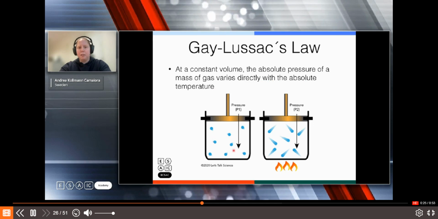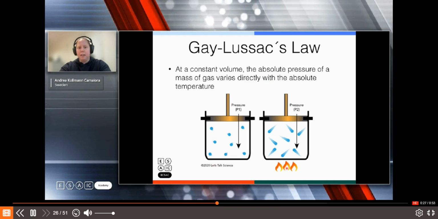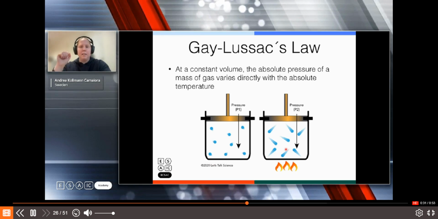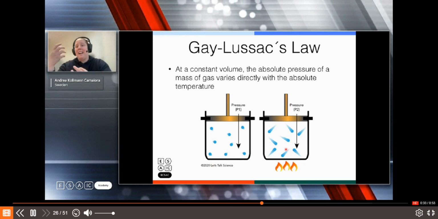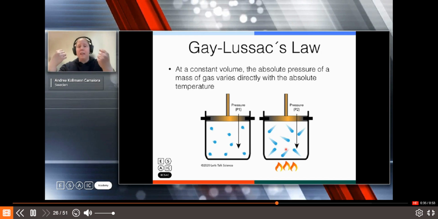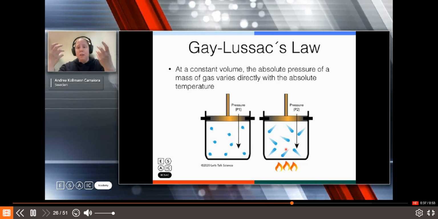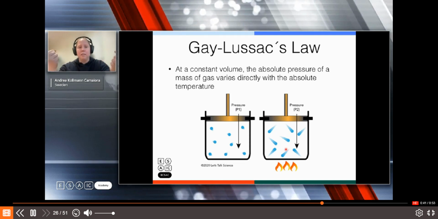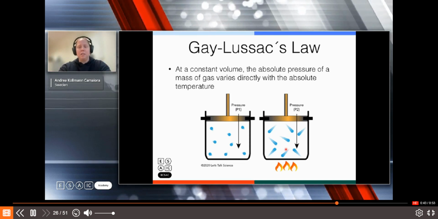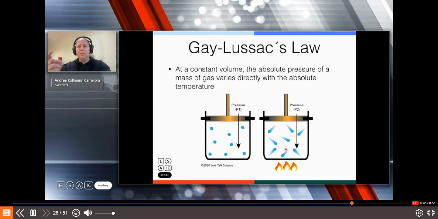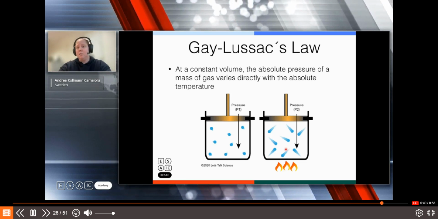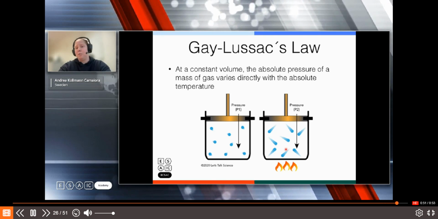So this is my pressure at X temperature, and I heat it up, and then all the molecules will start going pin, pin, pin, and they gain energy. By gaining energy, they move faster and stronger, thus creating more pressure within the system. So Gay-Lussac says if you heat something, the molecules will have more energy and cause more pressure. And this is, for example, how pressure cookers work.